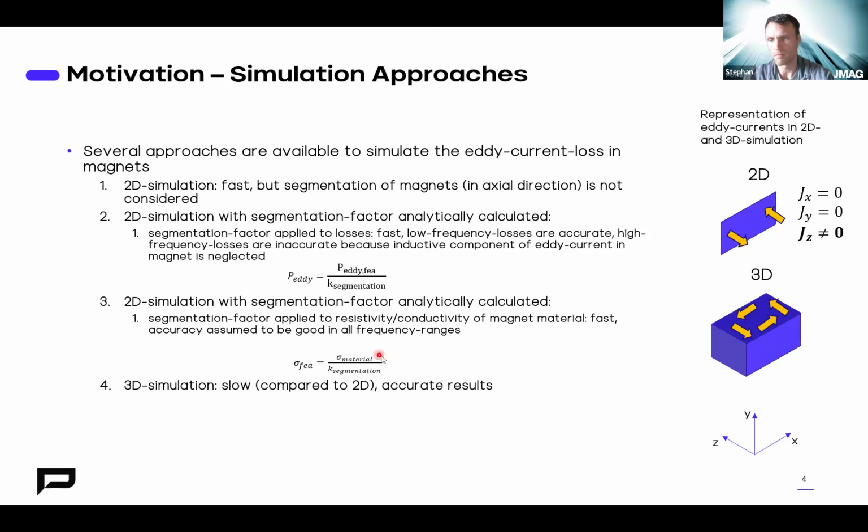And this way we consider the change of the ohmic component for the losses, but the inductive component remains as it is. And this way, especially for high frequency losses, we expect that approach 3 will provide more accurate results for a 2D simulation than approach 2 or approach 1. Yeah, and the fourth approach, as discussed, is the 3D simulation, which we want to take as a reference.